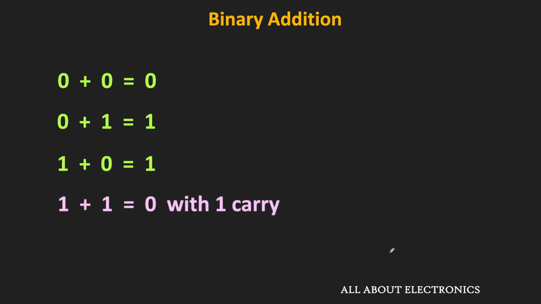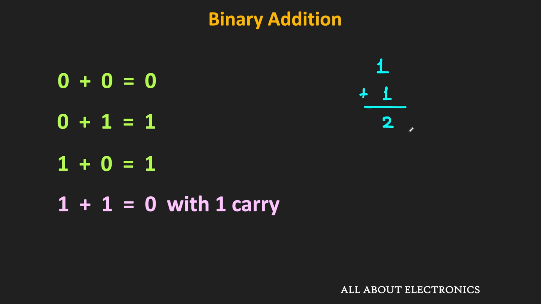Following are the rules for the binary addition. In binary, 0 plus 0 is equal to 0. Similarly, 0 plus 1 is equal to 1, while 1 plus 0 is equal to 1. And likewise, 1 plus 1 is equal to 0 with 1 as a carry to the next column. In the decimal number system, 1 plus 1 is equal to 2, right?